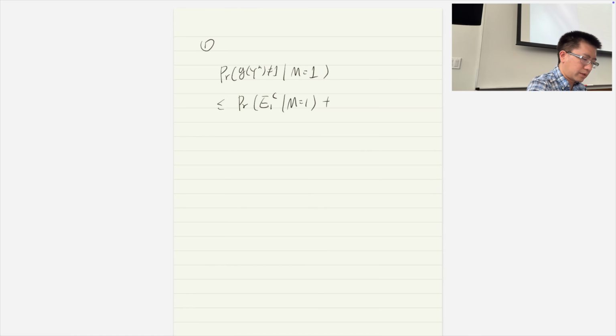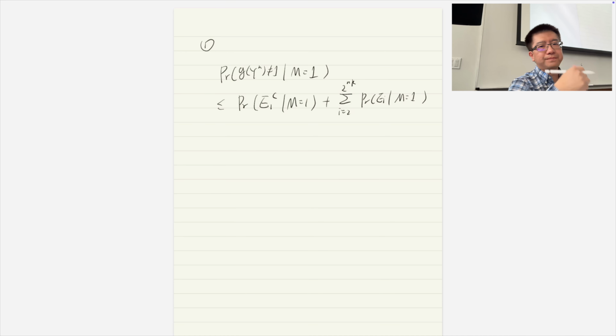Let's rewrite it: the probability that g(Y^n) is not equal to 1 given that m is 1 is less than or equal to the probability of E_1^c given m equals 1, plus the summation over i from 2 to 2^{nR} of the probability of E_i given m equals 1. Let's try to characterize it.